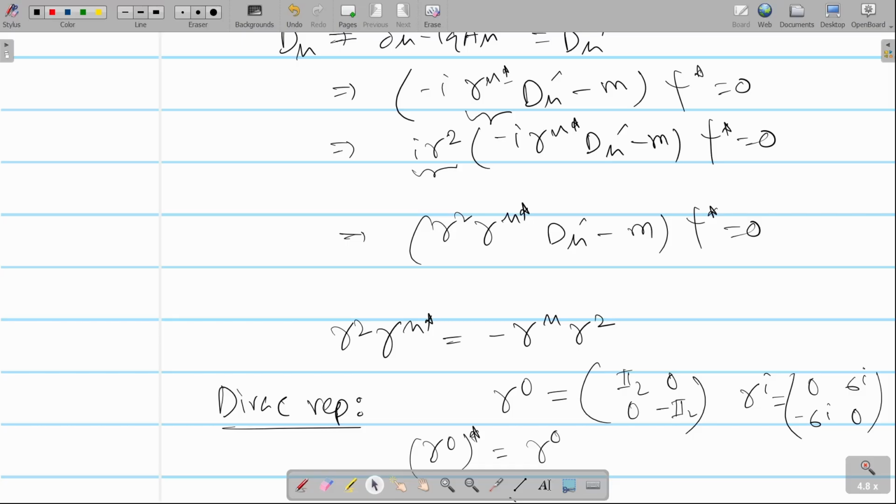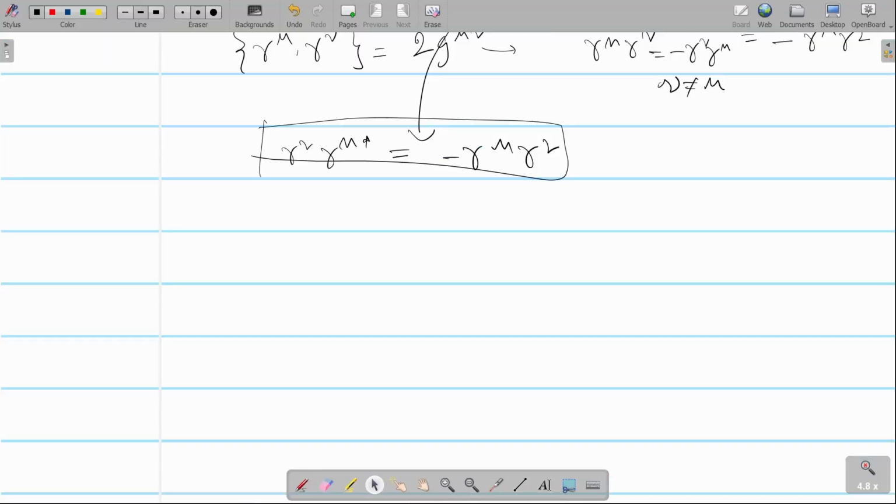Anyway, so let me write it down. Gamma 2 gamma mu star, gamma 2 acting on psi. That should equal 0.